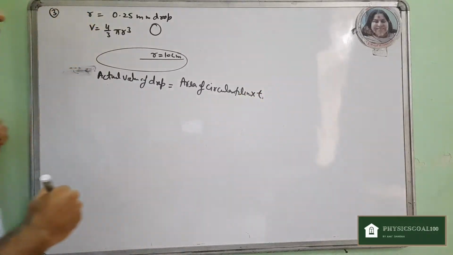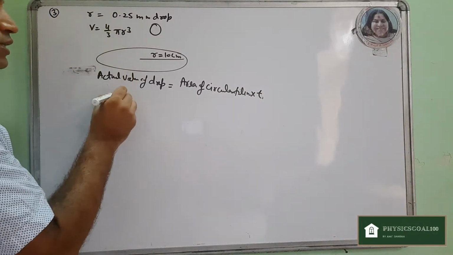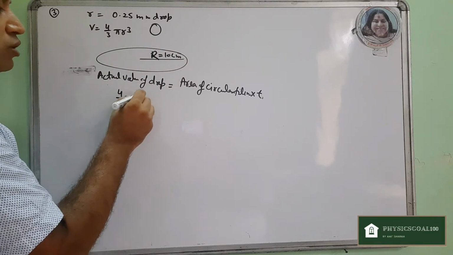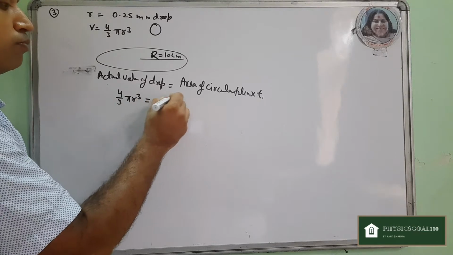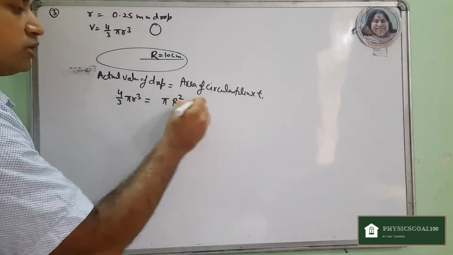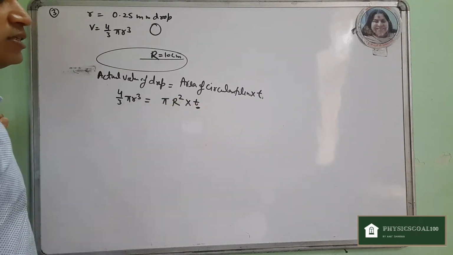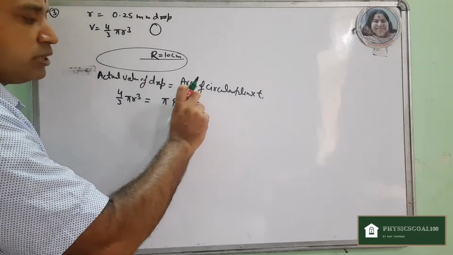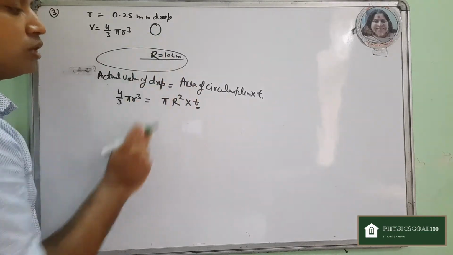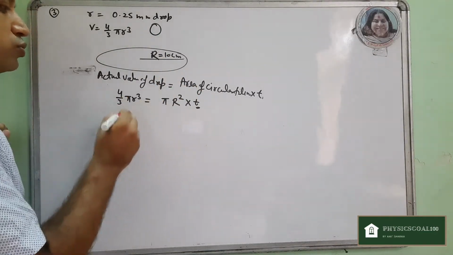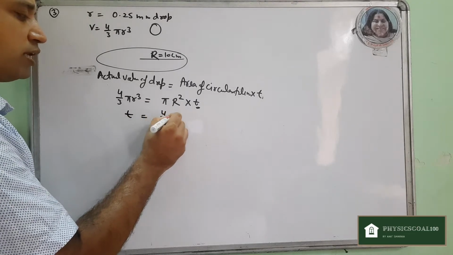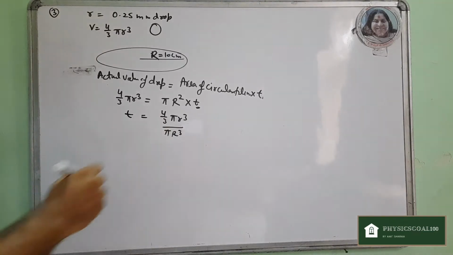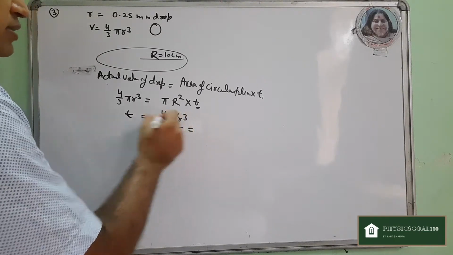Suppose it is T. So actual volume, I call it capital R, 4 by 3 pi small r cube must be equal to pi capital R square into T. T is that thickness which is assumed to be the approximate diameter of the olive oil molecule. So T becomes 4 by 3 pi small r cube upon pi capital R square. Now pi will cancel out.